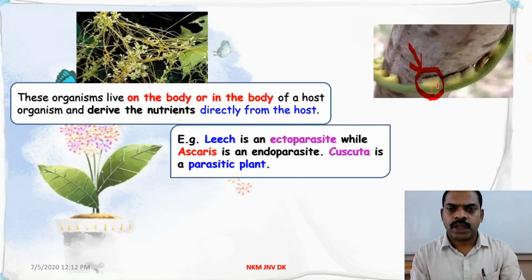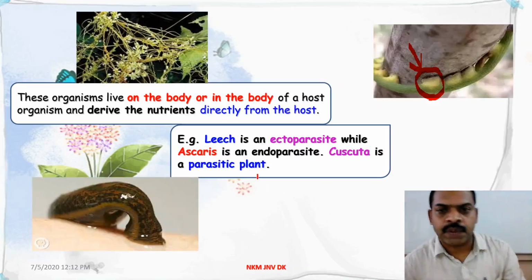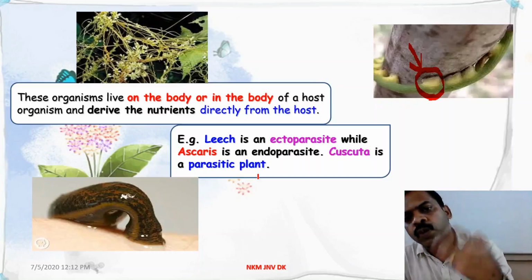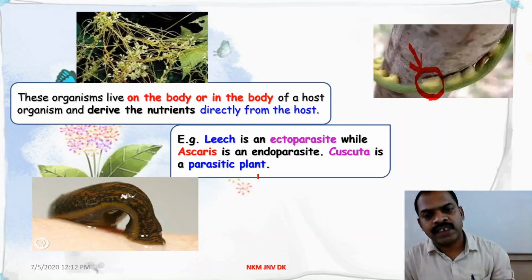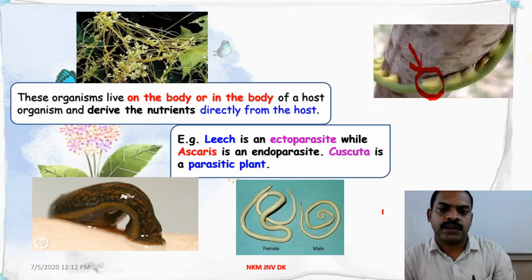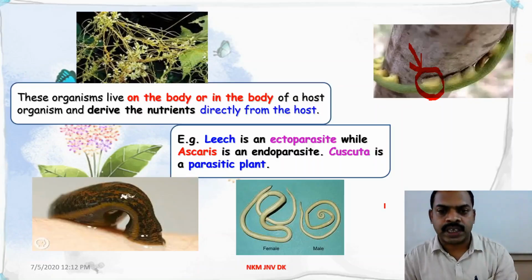Okay, another example of an animal parasite: the leech is an animal parasite. It's an ectoparasite. What is ecto? Outside. Ascaris, the worm, is an endoparasite, inside our body. So remember, endoparasite as well as ectoparasite.